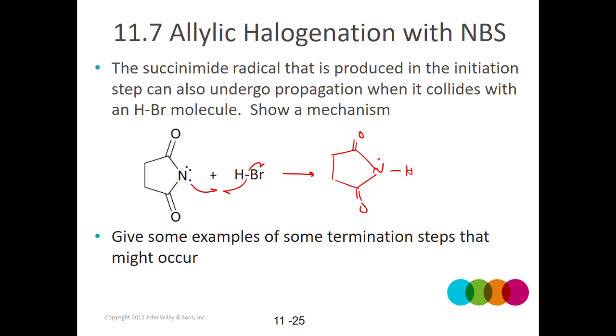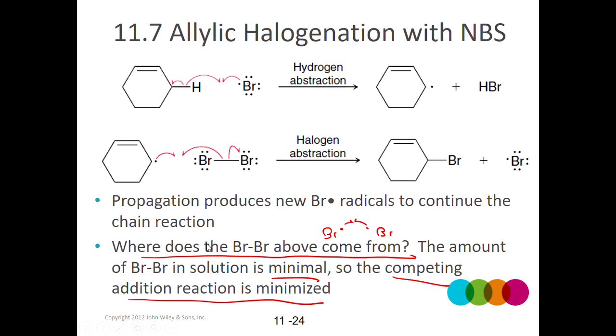That produces a very stable product, and it also reproduces some bromine radical. And then that bromine radical can start another set of propagation steps. The propagation also produces bromine radicals. So there's a fairly small but constant concentration of bromine radicals that can allow these propagation steps to occur.